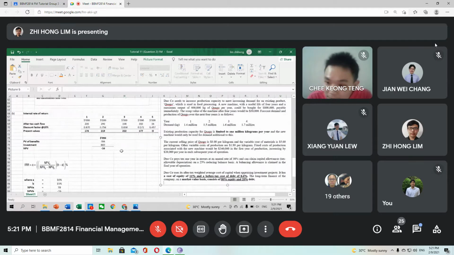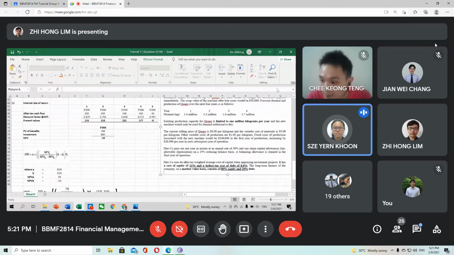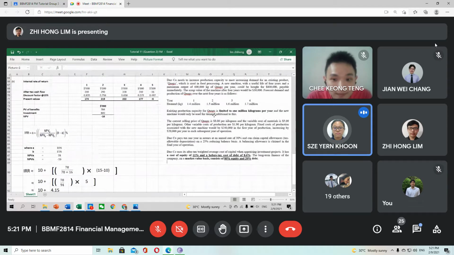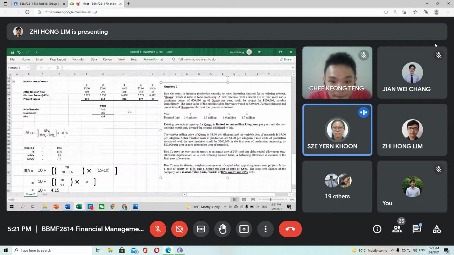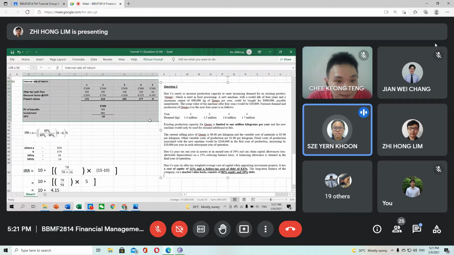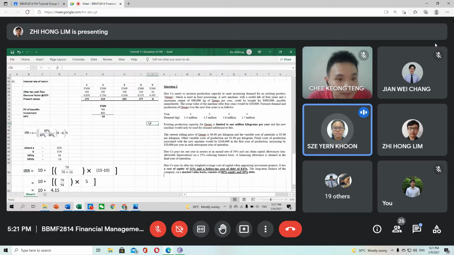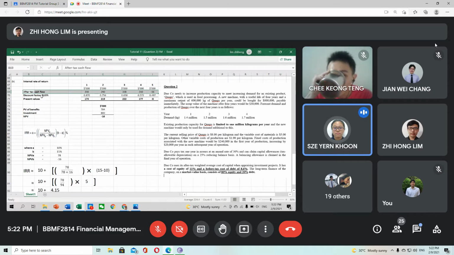So hello, I'll be presenting part B, internal rate of return, IRR. To get the negative NPV, we need to calculate the NPV, the discount factor again. So we use 15%. Like Sir said just now, we add 5% because we need to find the negative NPV. So using the value in part A, the after tax cash flow, we put the discount factor at 15%, then you get the present value.